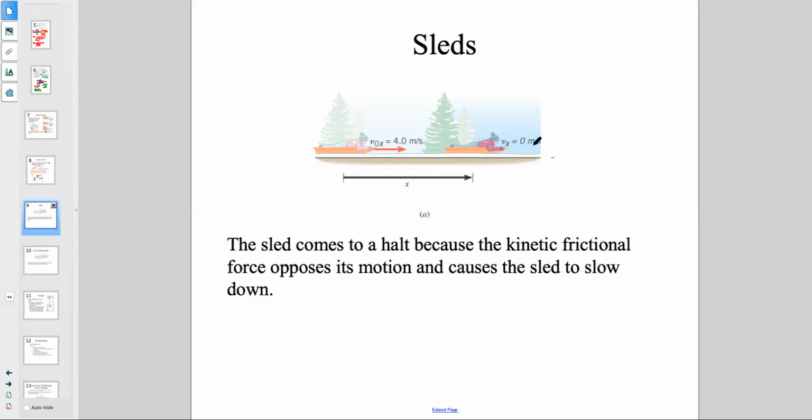The reason is that we have a frictional force, F k, in the opposite direction of motion, killing all the energy, transforming the energy that this guy has on the sled into thermal energy. That's why it halts and stops after some time.